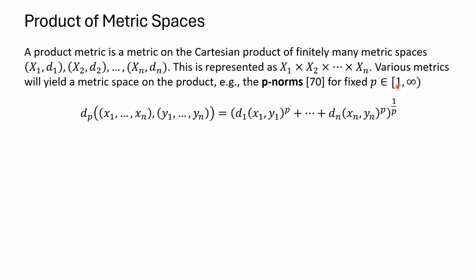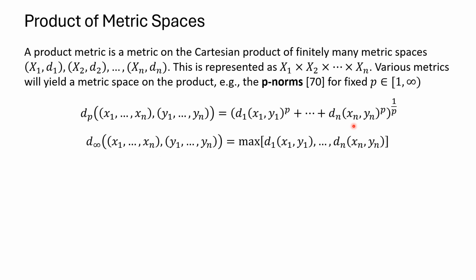And p could be any real number from 1 to infinity. And when p is equal to infinity, we define it this way here. It's just the max of the distances between each pair of terms, x1 and y1, x2 and y2, all the way to xn and yn.